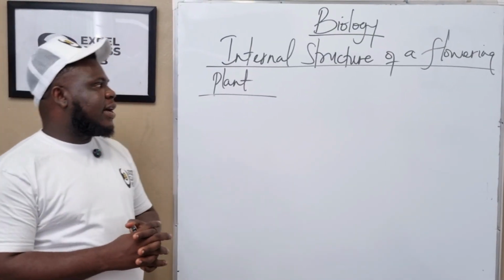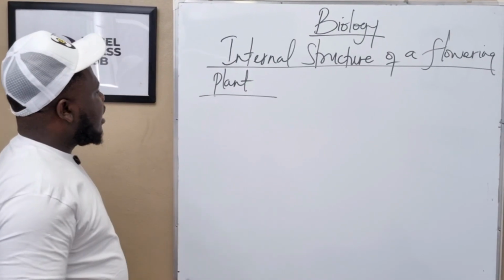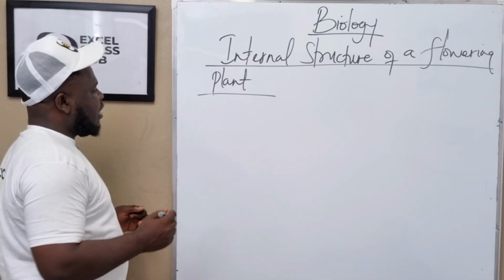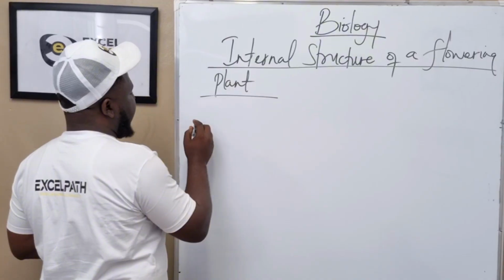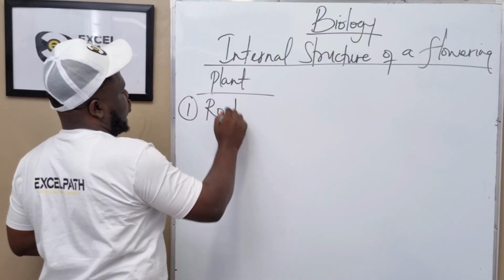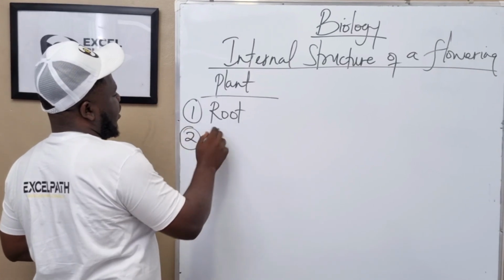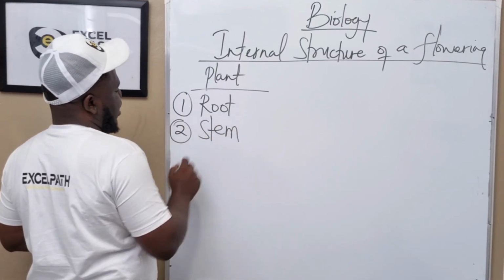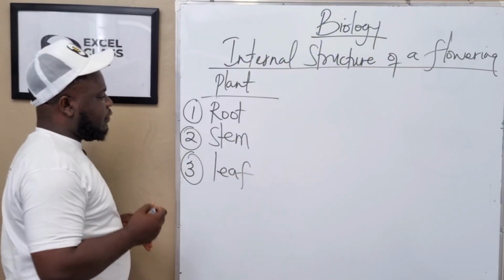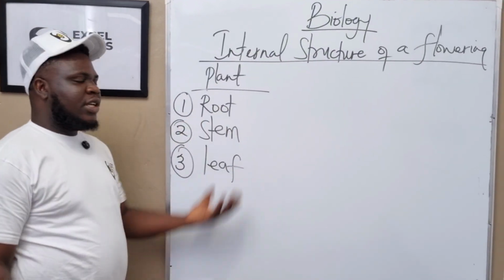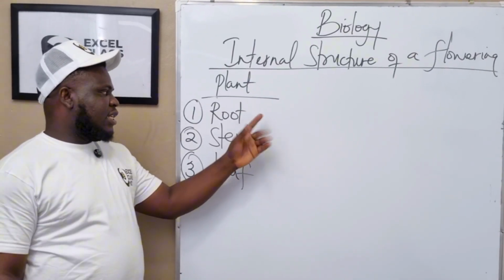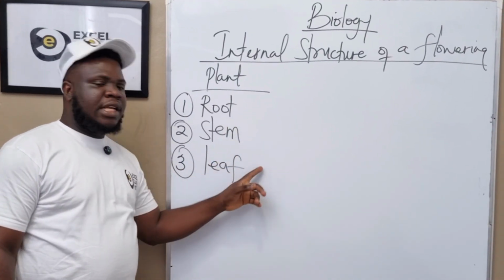When you look at flowering plants, you notice that the body of a flowering plant is basically divided into three parts. The first is the root, the second is the stem, and the third is the leaf.